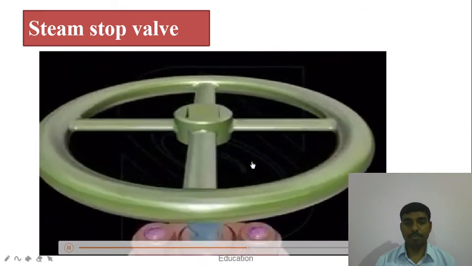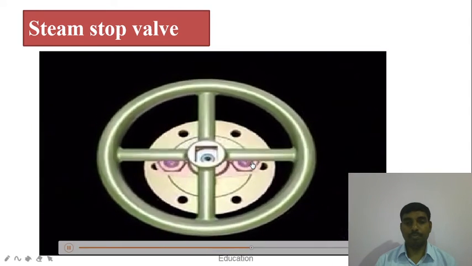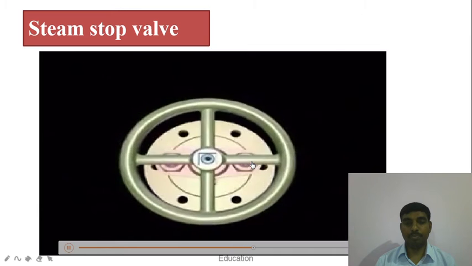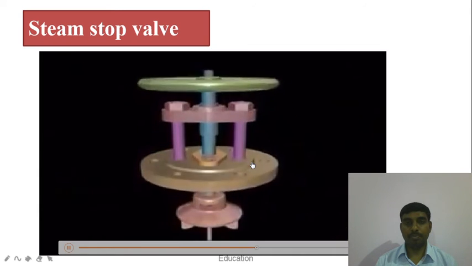At the top of the spindle, the hand wheel is mounted using a nut. The square section of the spindle mates with the square hole of the hand wheel.